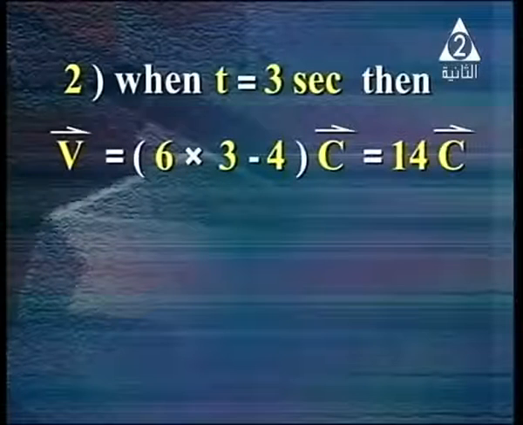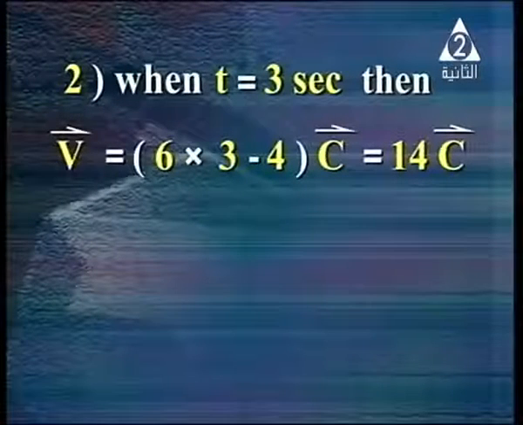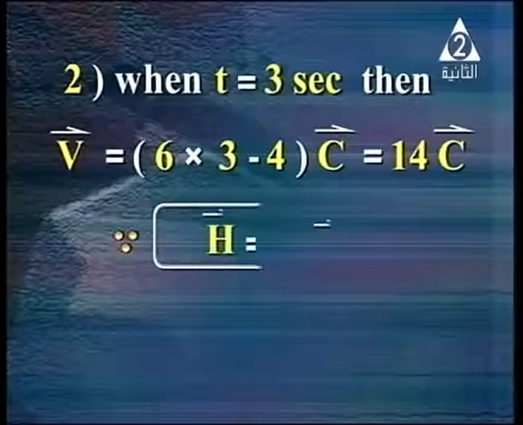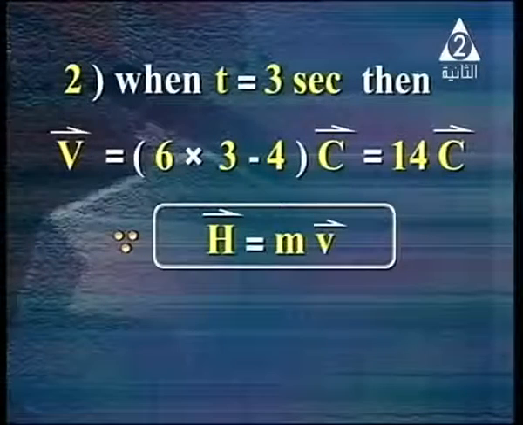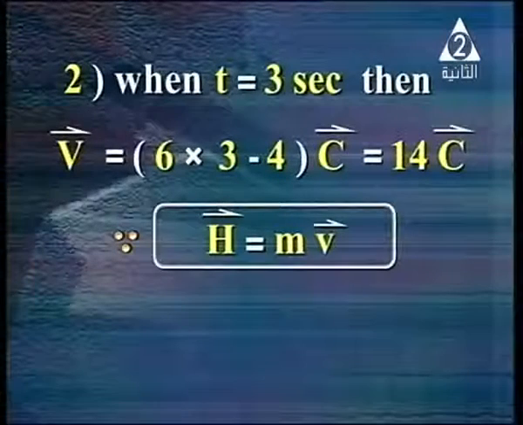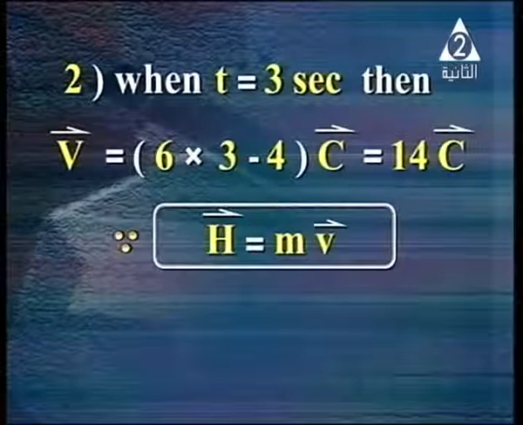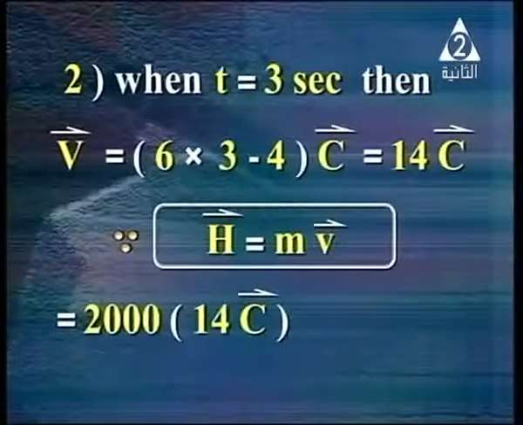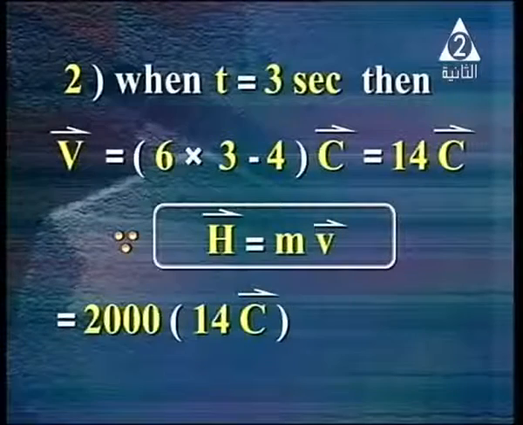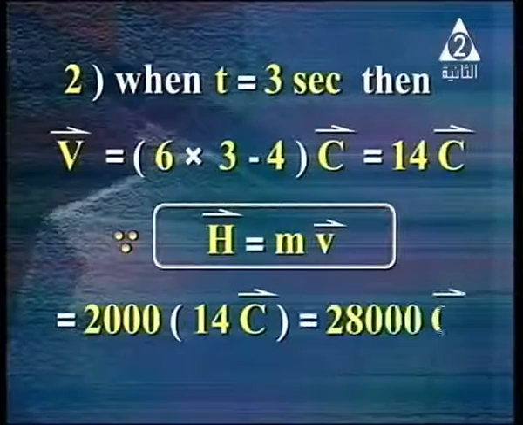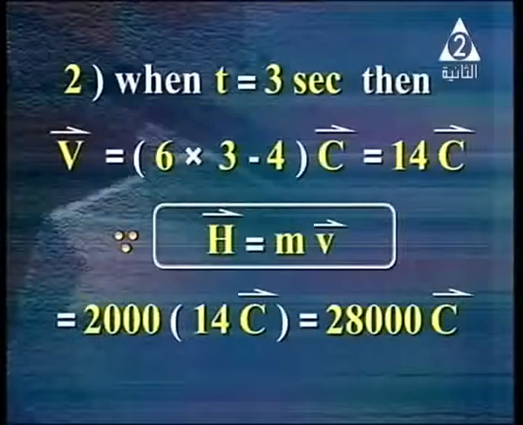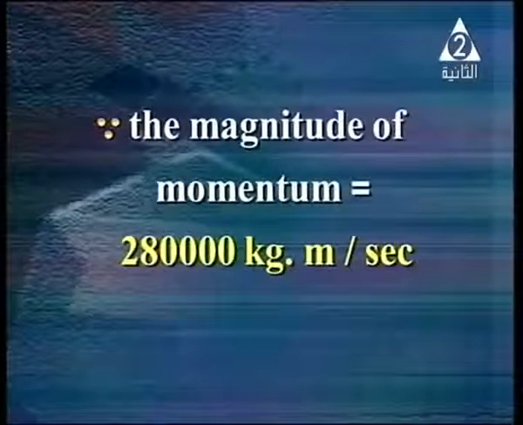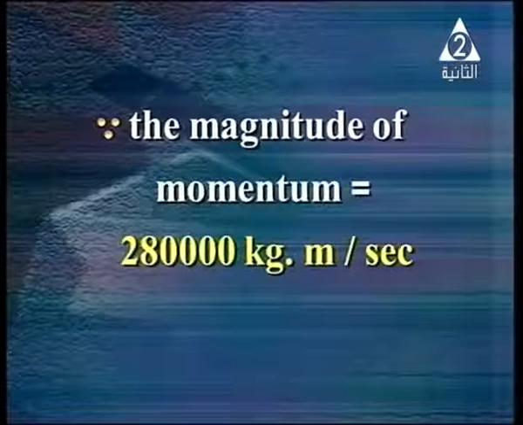In this case, dear student, we find the momentum vector h equals m v vector. With v equals 14c and m equals 2,000, then 2,000 times 14c equals 28,000 in direction c, or the magnitude of momentum equals 28,000 kilogram meter per second.